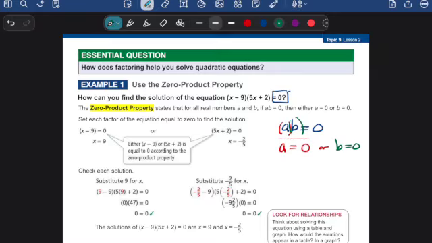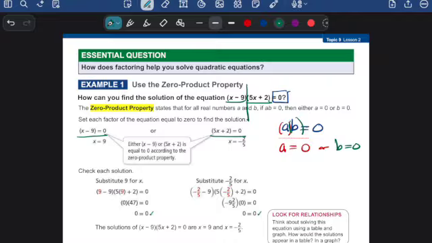So we have these two binomials, x minus 9 and 5x plus 2. If it's set equal to 0, then I know each piece can equal 0. So I'm just going to split apart the two factors, and then I have two separate equations equal to 0. X minus 9 can equal 0, or the other factor, 5x plus 2, can equal 0. And then it's easy to solve for x.